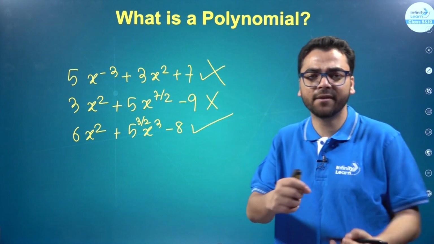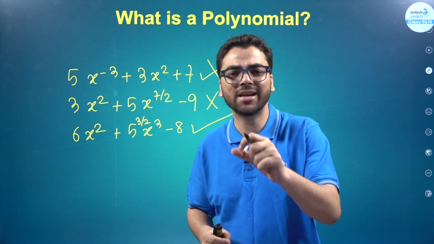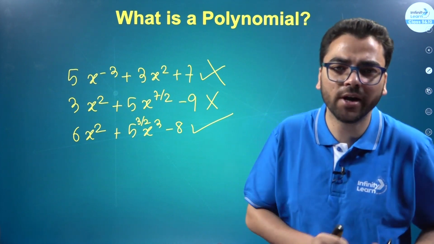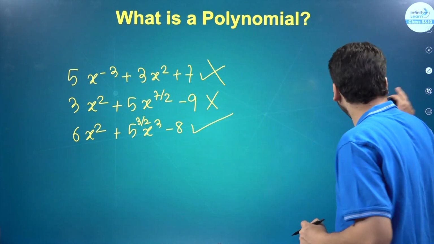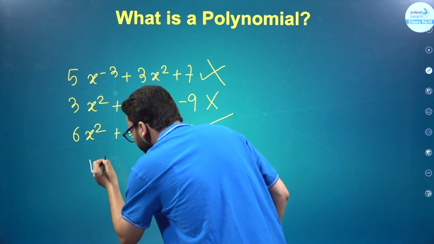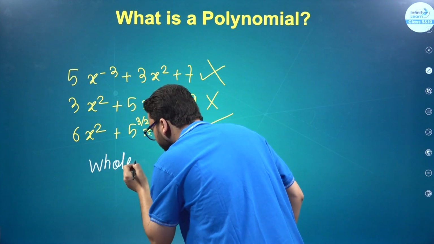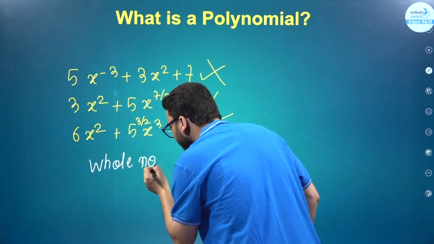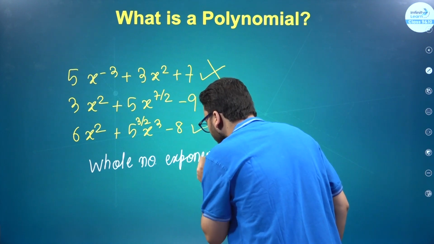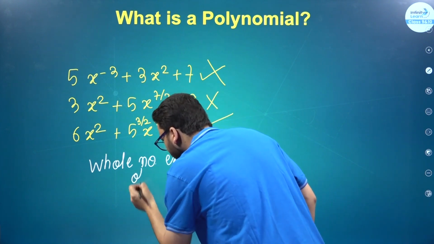So what is the definition of a polynomial? A polynomial is an algebraic expression having whole number exponent of variables.